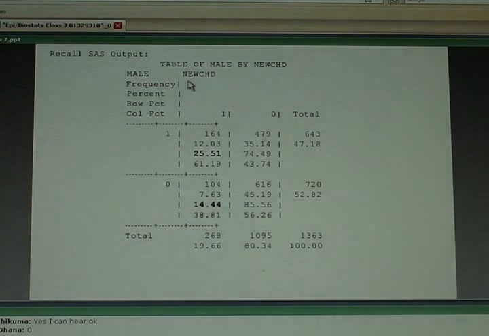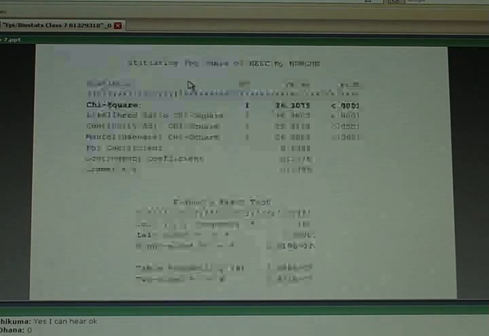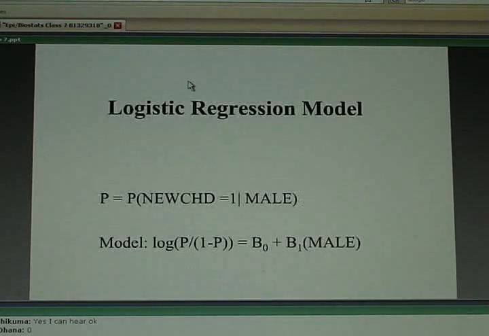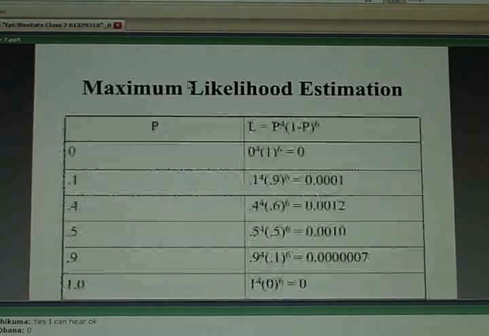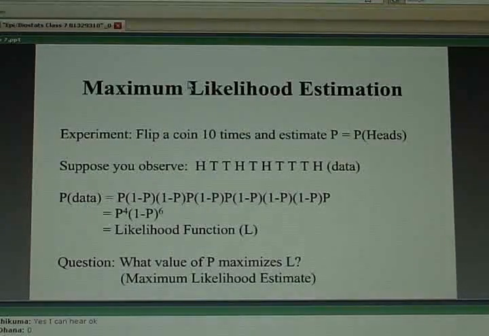For everybody who got disease, we want to write down the risk of getting disease, p. For everybody who didn't, we write down 1 minus p. Just like in the coin flip, we're going to have a big, long sequence of p's multiplied by 1 minus p's, but now there are 1,363 of these expressions. 268 of them were p's, and the other 1,000 or so were 1 minus p's.